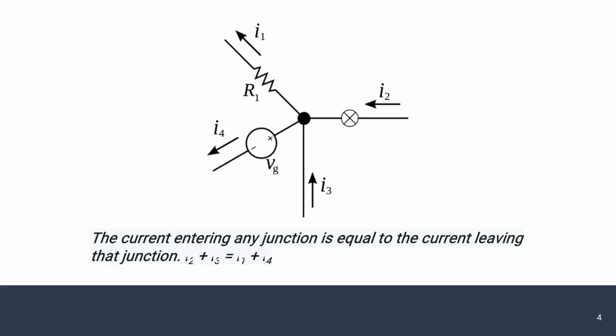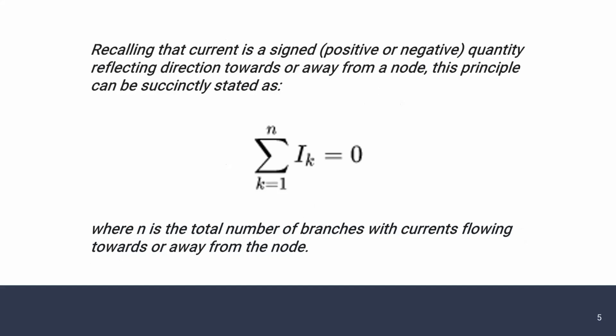Recall that current is a signed positive or negative quantity reflecting direction towards or away from a node. This principle can be stated as the sum of Ik from k equals 1 to n is equal to 0, where n is the total number of branches with current flowing towards or away from the node.